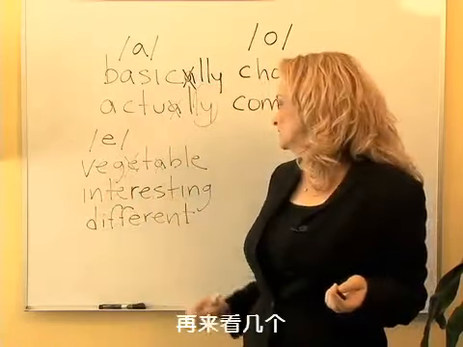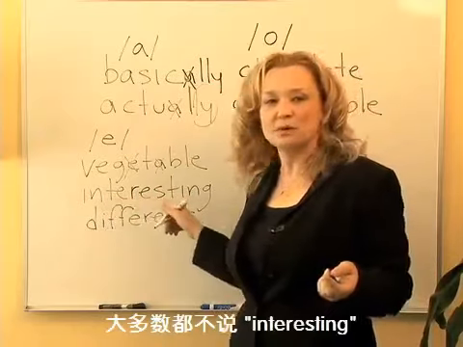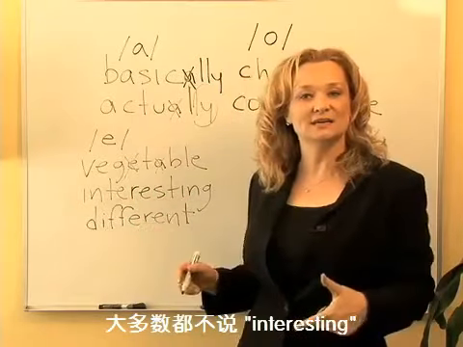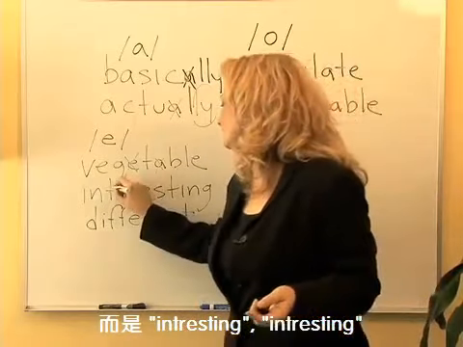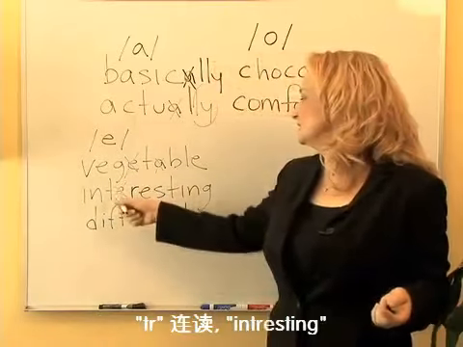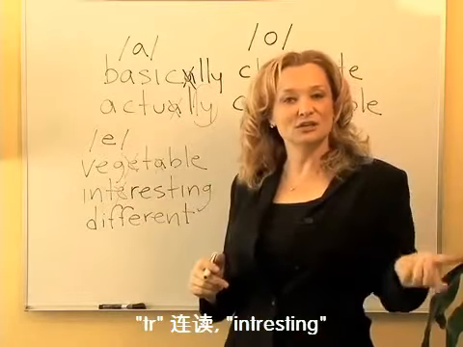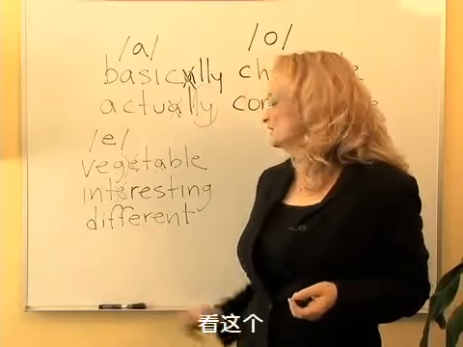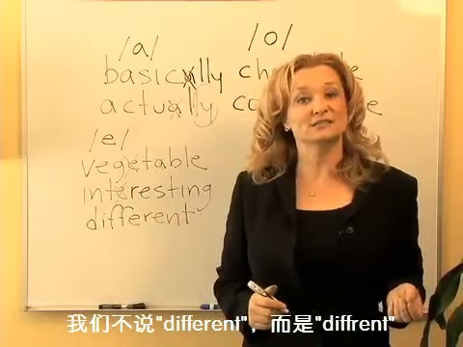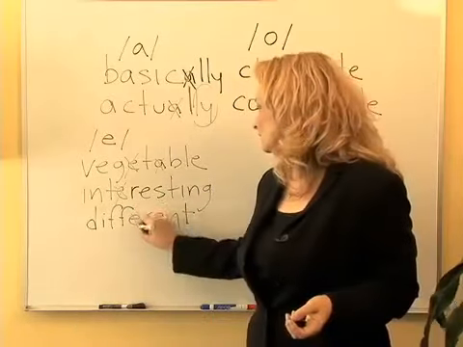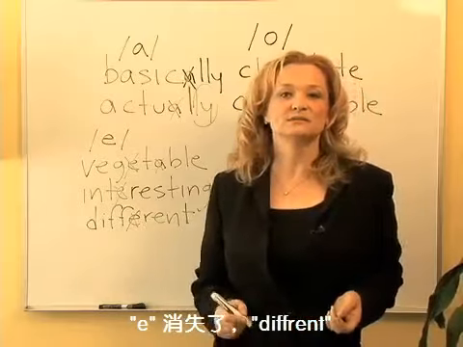Let's look at a few more. Most people don't say interesting. They say interesting. This TR are connected. Interesting. Look at this one. We don't say different. We say different. The E disappears.